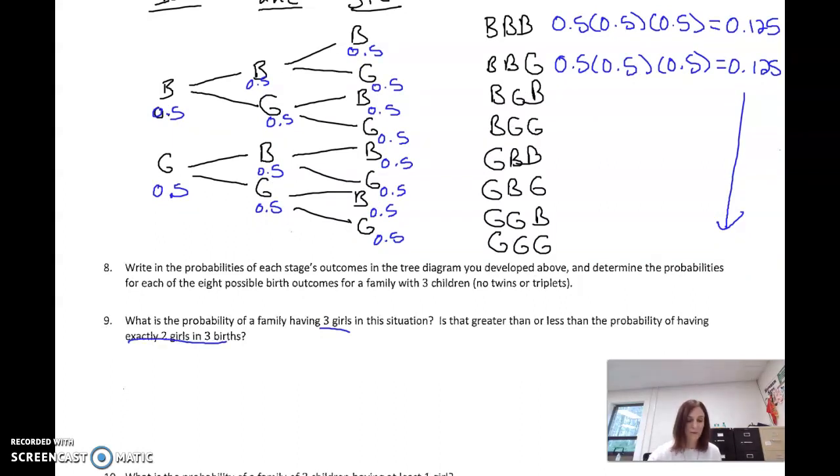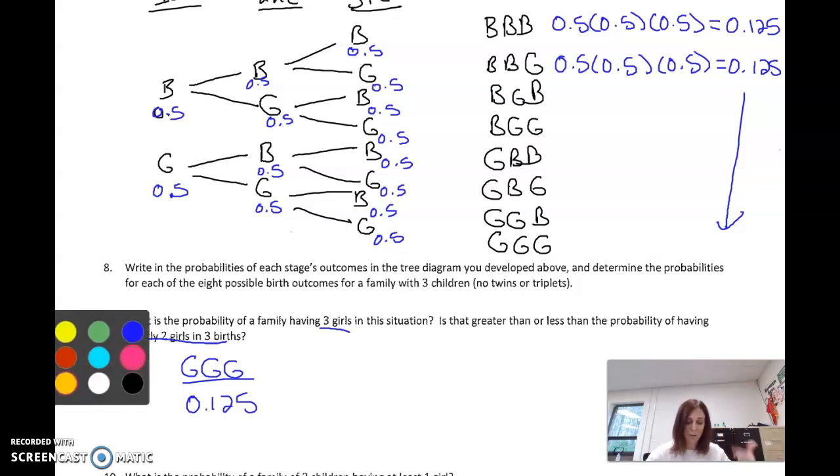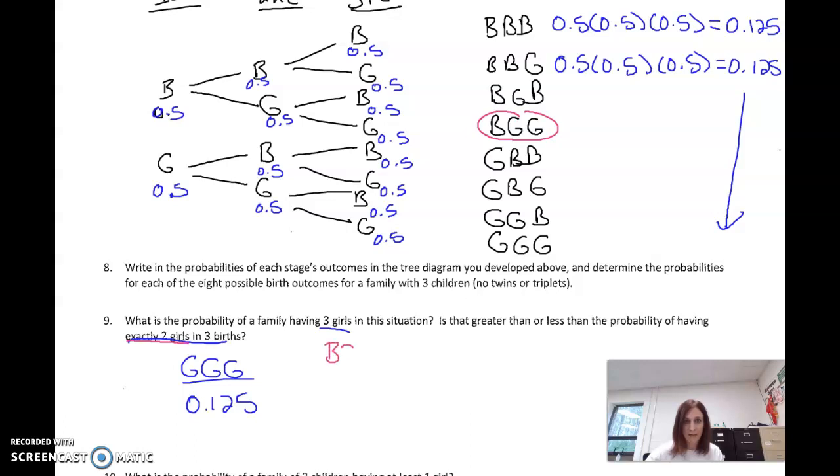Okay, 3 girls. G, G, G. The probability of that is right here, right? 0.125, because they're all the same. Remember, now if we're talking about multiple outcomes, exactly 2 girls, if I look on my list here, this one, B, G, G, which is 0.125, G, B, G, 0.125, and G, G, B, because it says exactly.